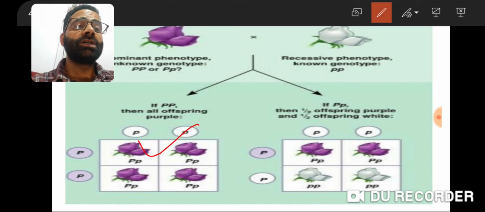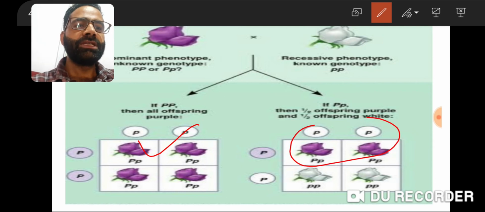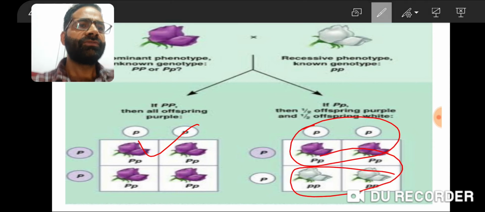But if the pea plant having the purple colored flowers is heterozygous, then 50% will be purple colored and 50% will be white flowered.